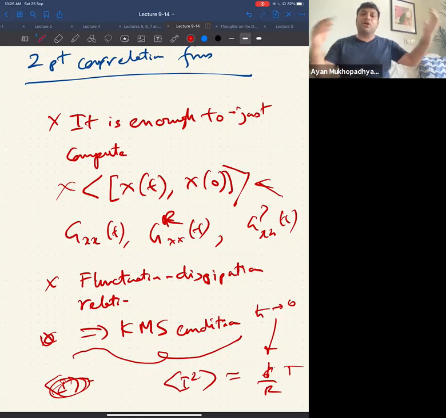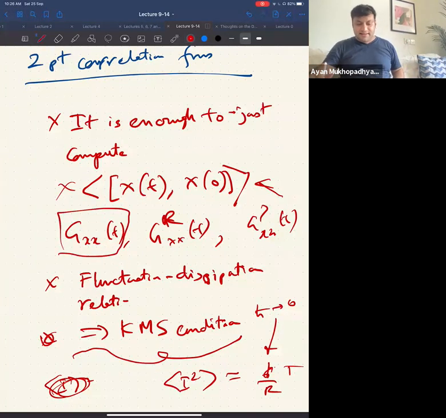Because if you want to do a computation of, say, this object for an interacting theory, I do a lot of Feynman diagrams. So what I'm going to tell you is sufficient just to compute this. If I compute the commutator, then I can obtain all the rest by doing suitable things, which I'm going to tell you now. So this is why the commutator is enough, right? This is a very fundamental statement.